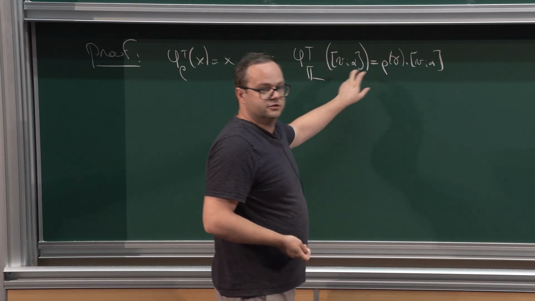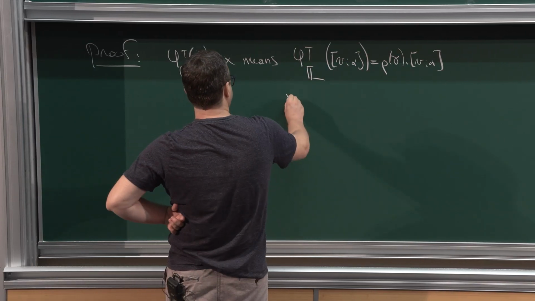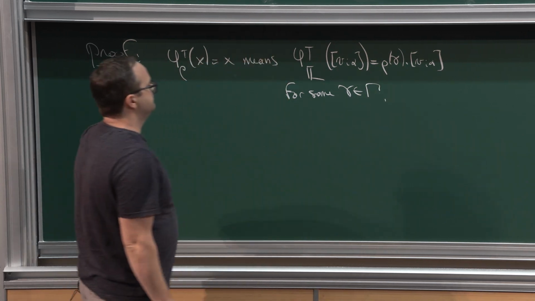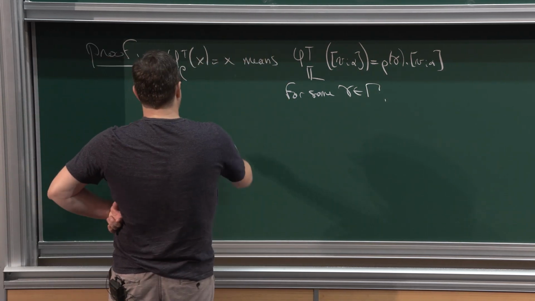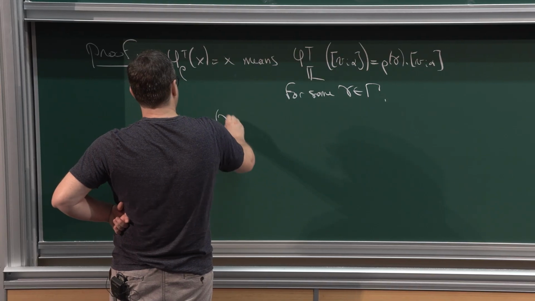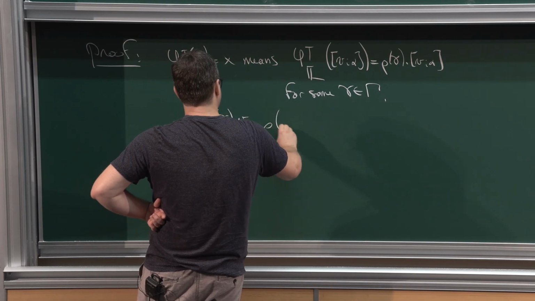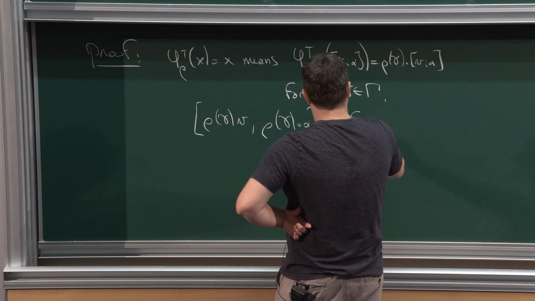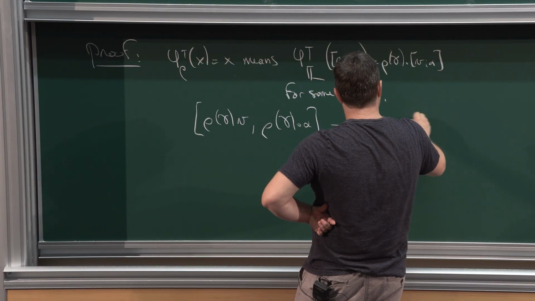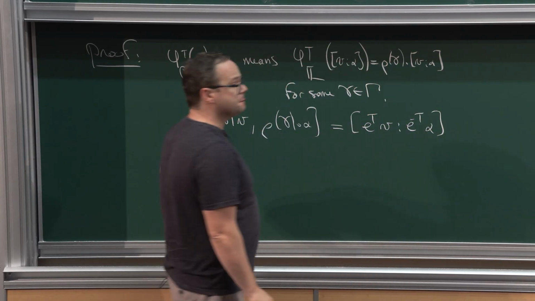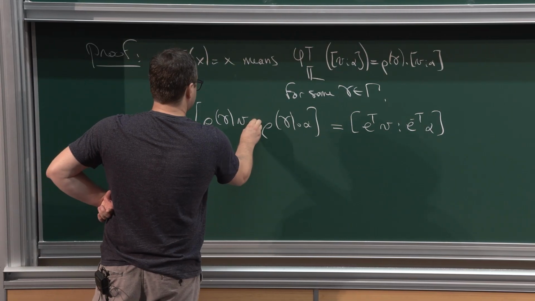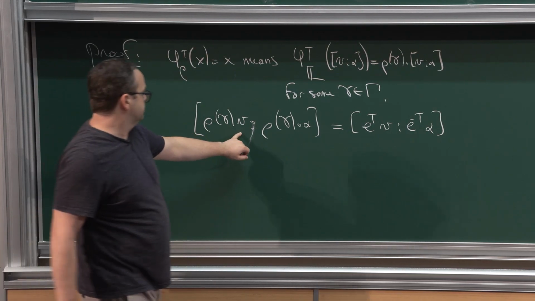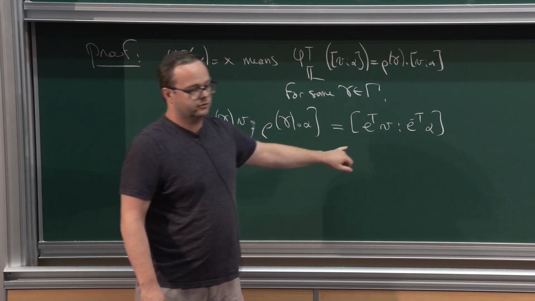It projects to the same point, so it just means that it's in the same orbit, for some gamma. And so now you'll have rho of gamma acting on v, alpha is exponential t v, exponential minus t alpha. So you'll see already that it means that v is an eigenvector for rho of gamma, right?